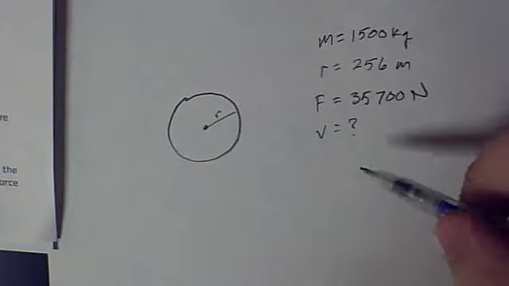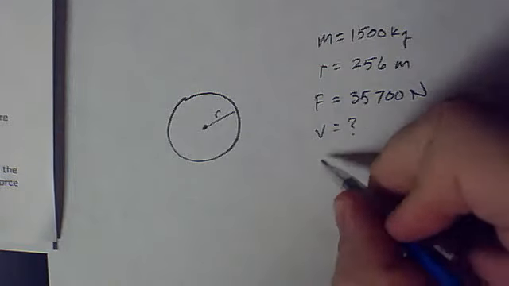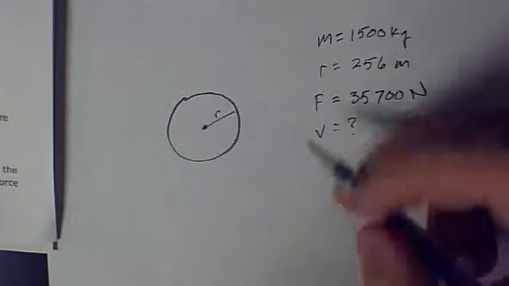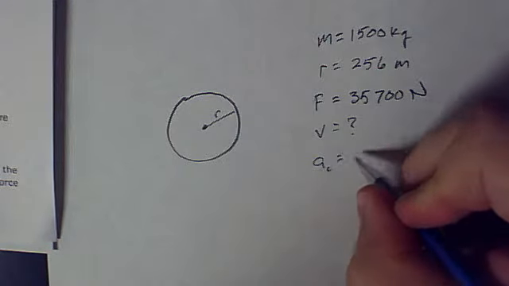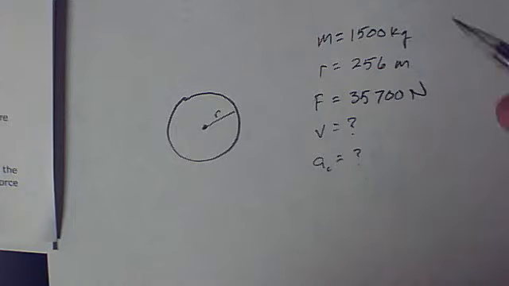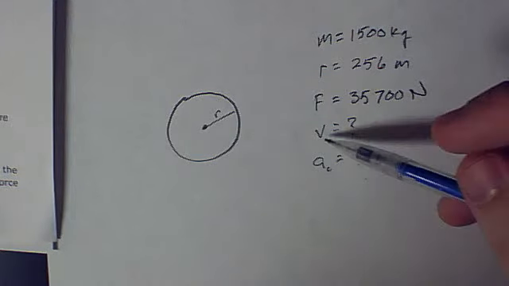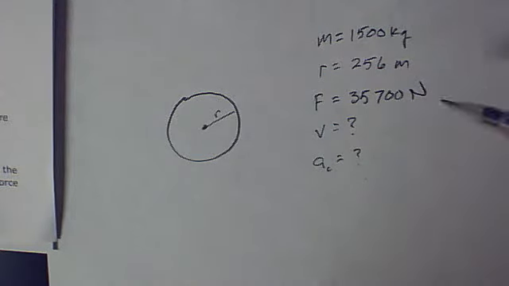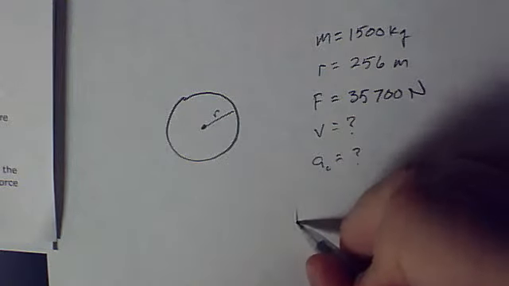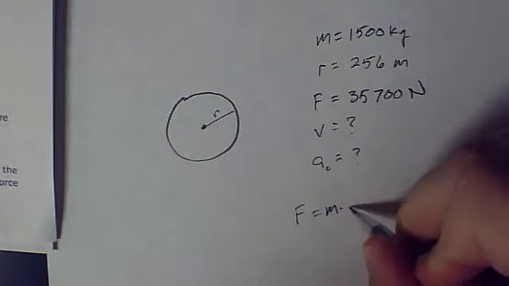Alright, well, in order to find the velocity, we have to know the acceleration, because he's going in a circle. We know he's accelerating, and we know he has a centripetal acceleration. If we know the centripetal acceleration, we can find the tangential velocity. Alright, so F equals m times a.